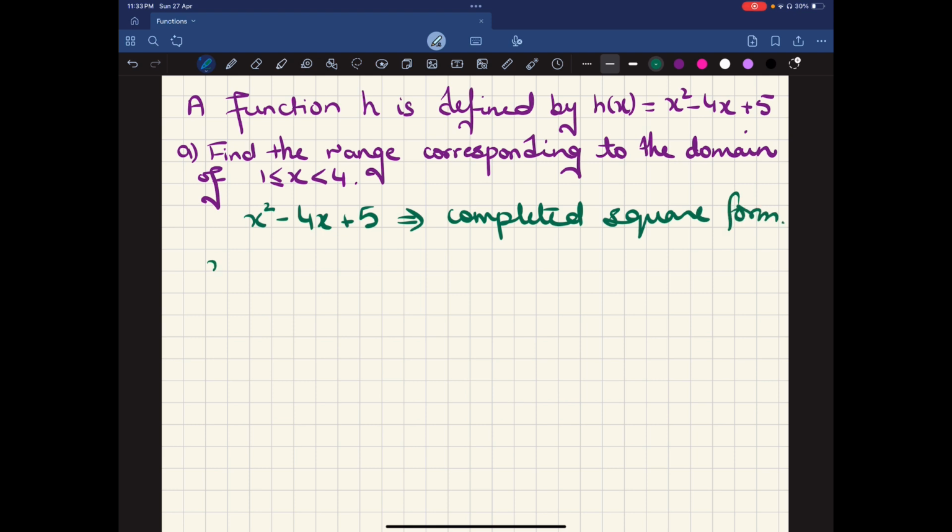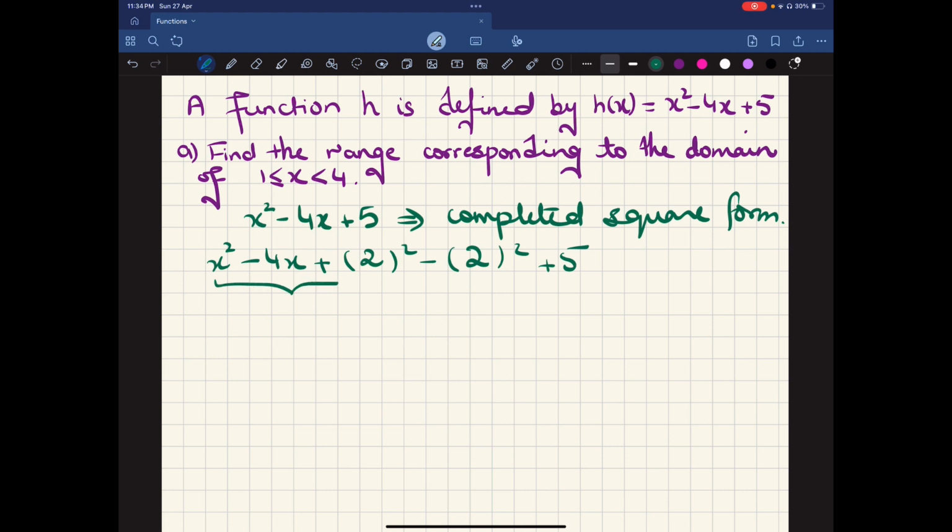Assuming that all of you know how to do that, I'm not going to get into details, but what is the square that you're going to add and subtract from the expression? You're mentally going to divide the coefficient of x by 2, and whatever you get is going to be the square that you're going to add and subtract.